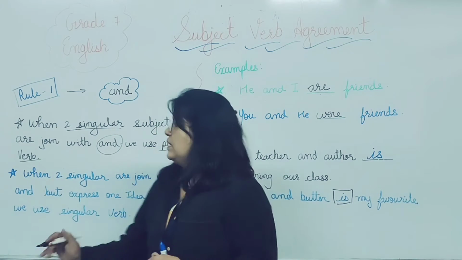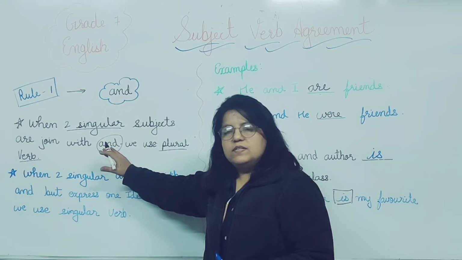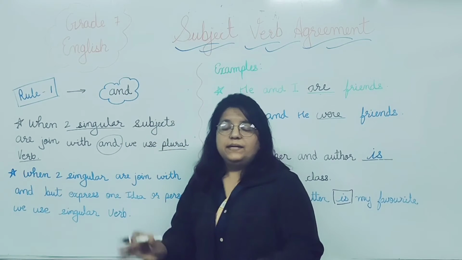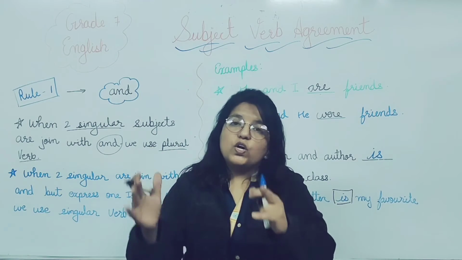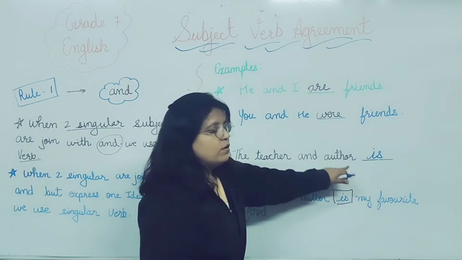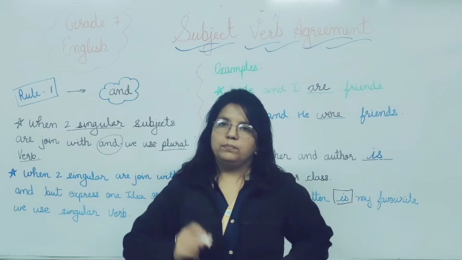Hope it is clear to you all that when two singular subjects are joined with and, we use a plural verb. But if they share the same idea or the same person or the same thing, like here bread and butter, or teacher and author being the same person, then we use a singular verb.